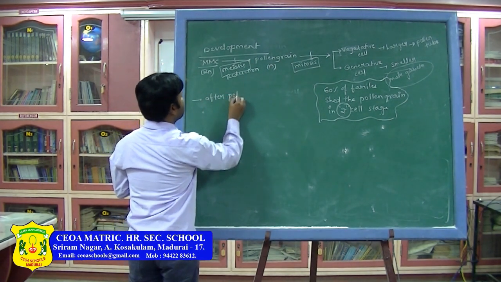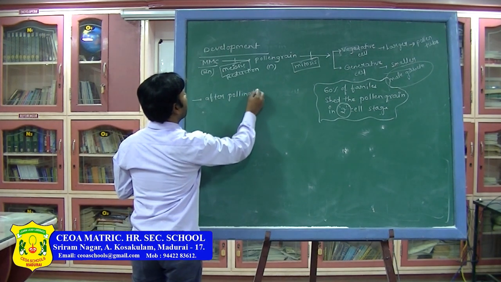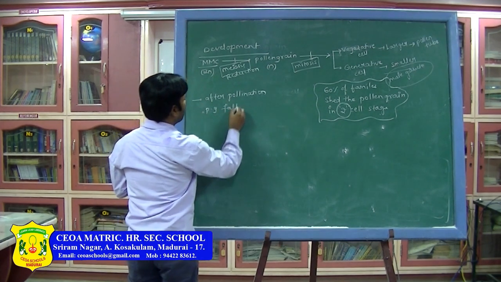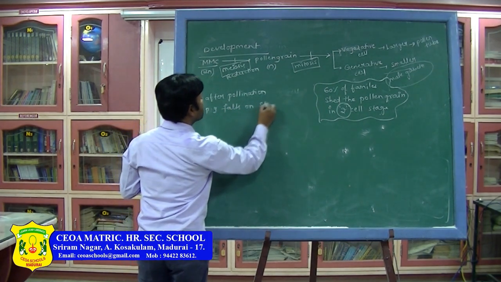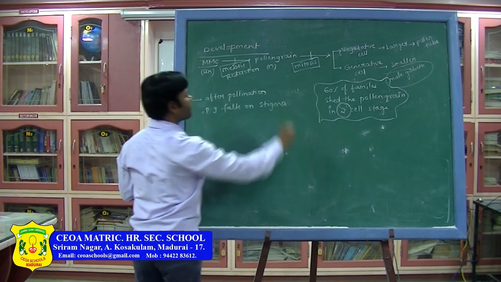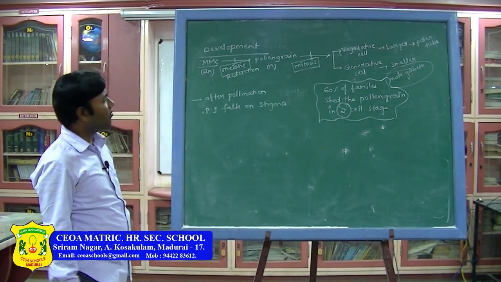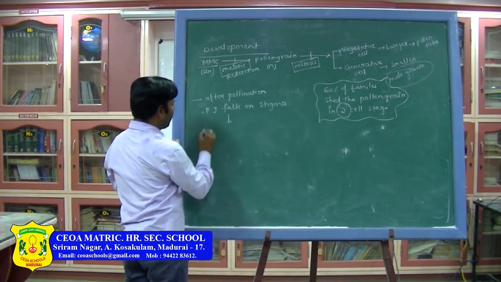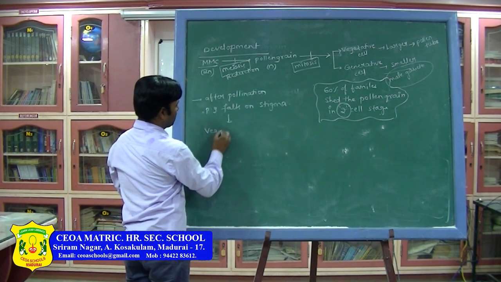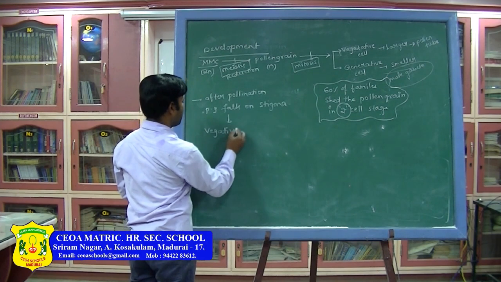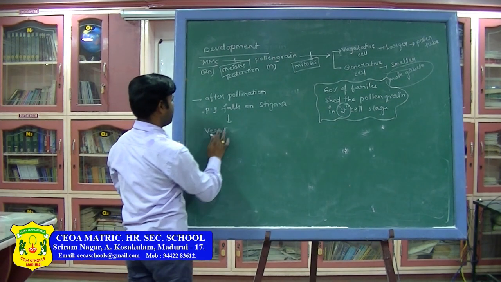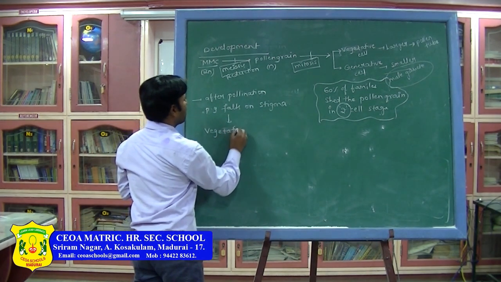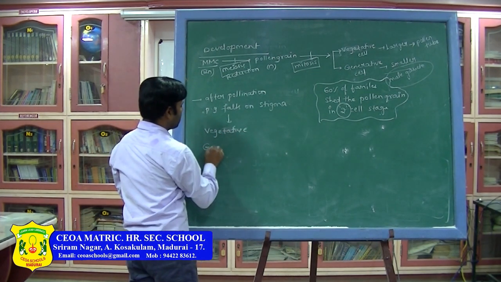Whenever the pollen grain falls on the stigma, now see, the same cell I am writing here: one is the vegetative cell, another one is the generative cell.